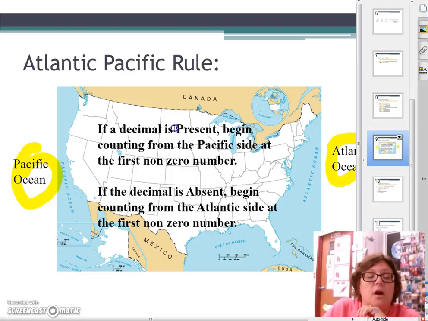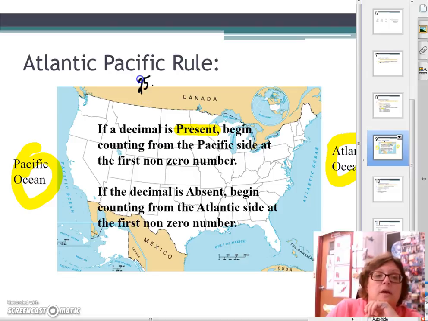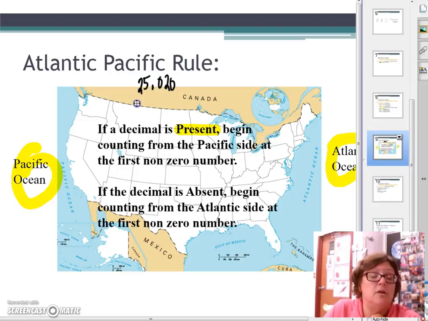If you have a number and a decimal is present, you begin counting from the left. So here's a number that has a decimal present. I'm going to start counting from the left, from the Pacific side. And when I get to my first non-zero number, I will start counting. So I've got 1, 2, 3, 4, 5 significant digits in that.